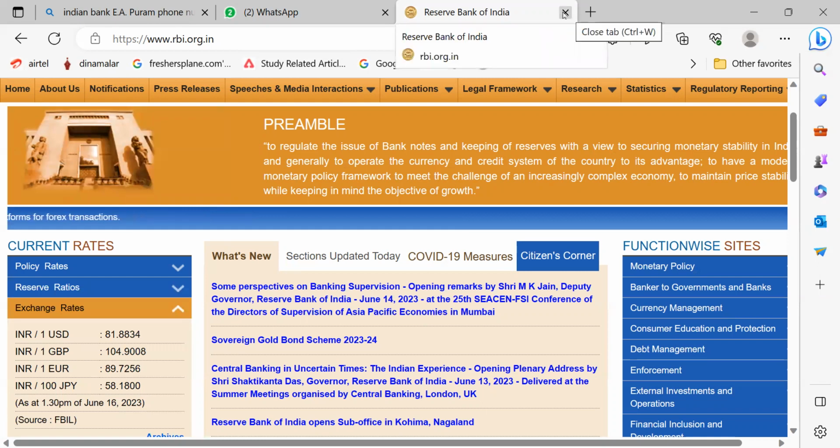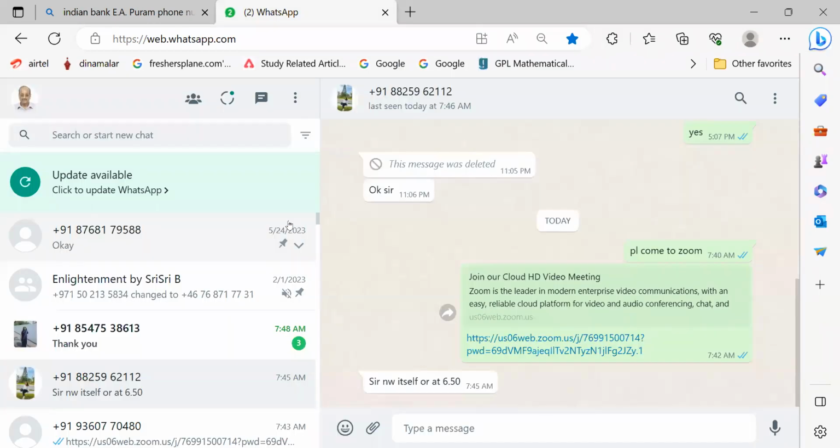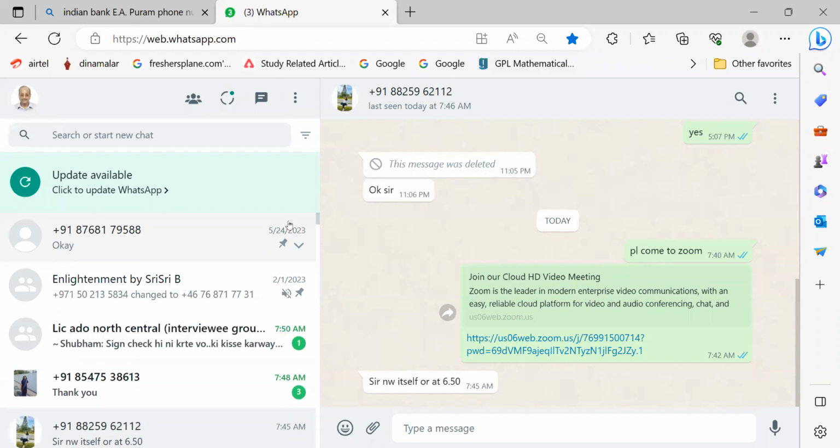Yes, sir. Yeah. Now you have to tell about how, I think both of you are not commerce students. That is why you are not able to tell. So you can explain it like this. There is a committee known as the Monetary Policy Committee. The chairman of that is Governor Mr. Shakti Kanta Das. Another member from RBI is Mr. M.D. Patra, one of the deputy governors of RBI.